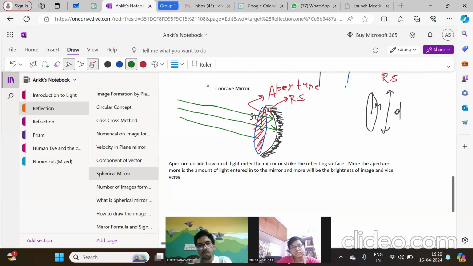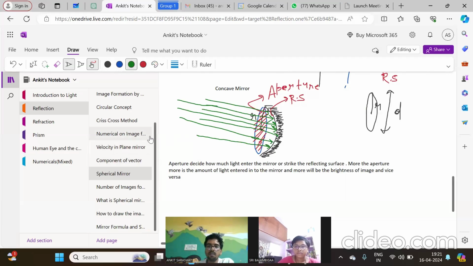But we do not want our aperture to be very, very big, because then some defect arises in the mirror.